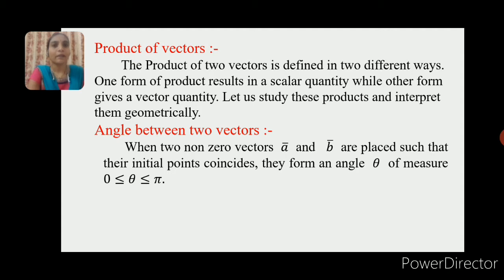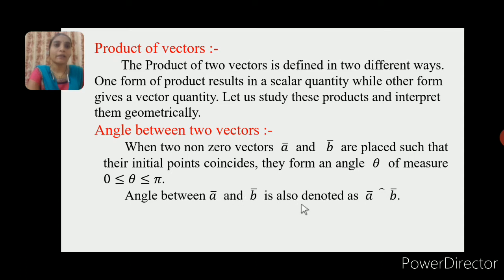The angle between a bar and b bar is also denoted as shown here. A bar आणि b bar च्या मध्ये इथं कॅप दाखवलाय तो अँगल डिनोट करण्यासाठी आहे.